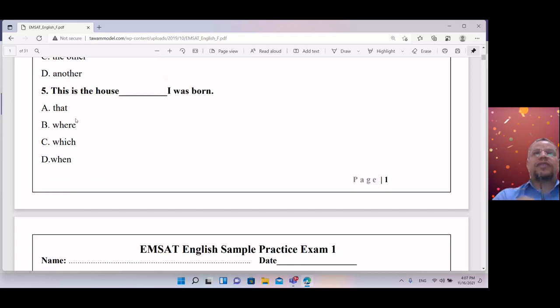So the place is the house. So this is the house where I was born. This is the place where I learn. If you use a person, the answer is who. If you use a time, the answer is when I was born.